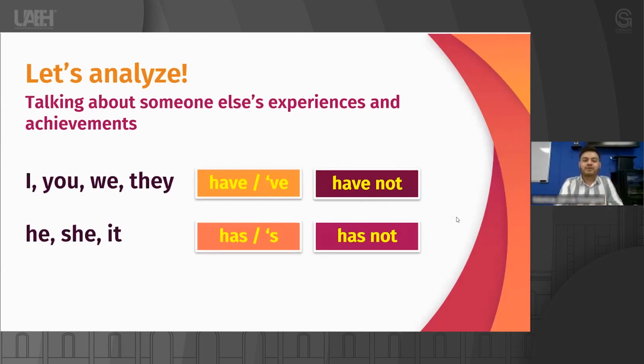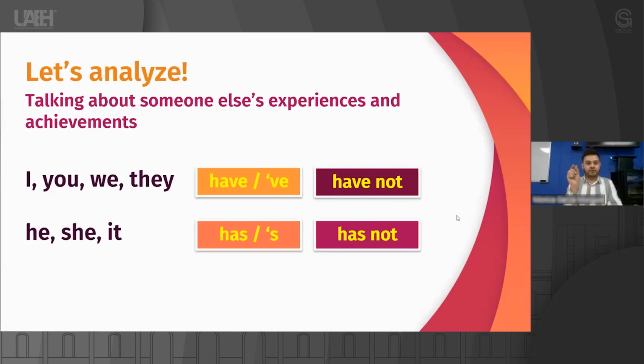Here we have when to use have, or the short form 've, or the negative form have not. Remember that we can use the short form haven't. And has, or the short form 's, and the negative form has not, or the short form hasn't.